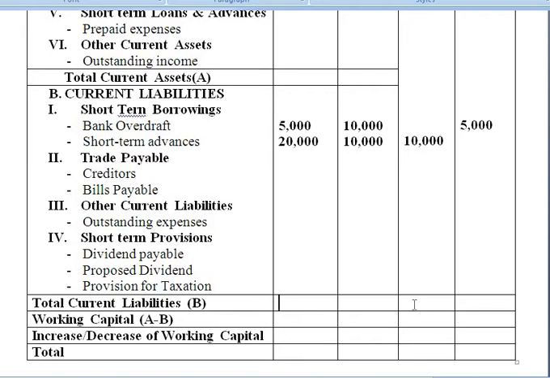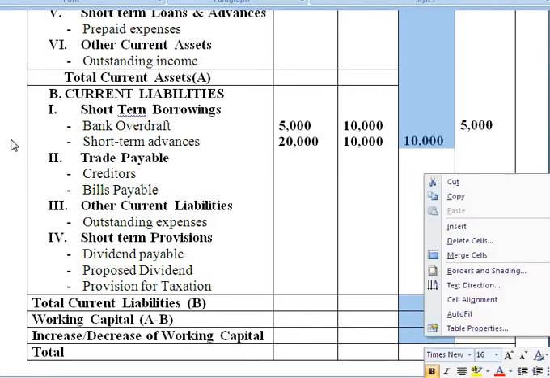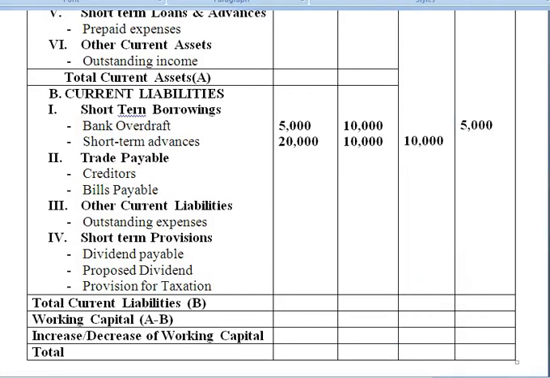Regarding the third and fourth column, we have to directly make the total at the end. So here we will get to know how much working capital is increased and how much working capital is decreased.